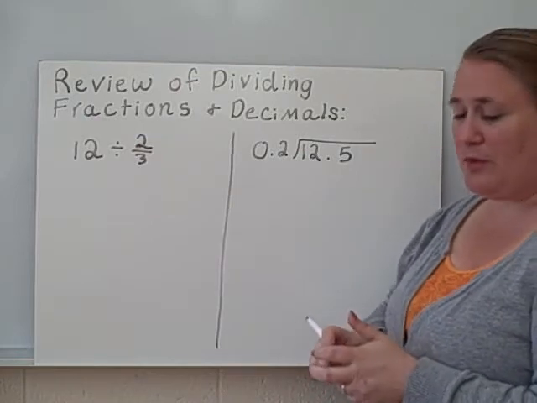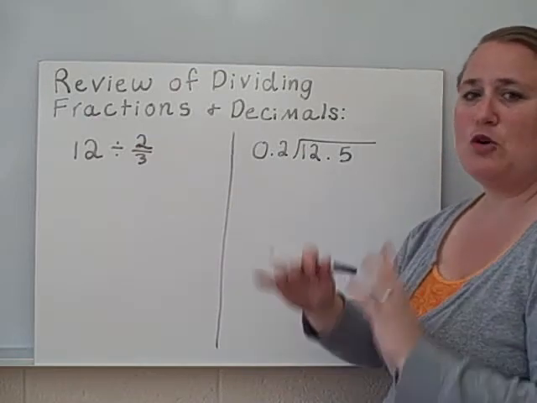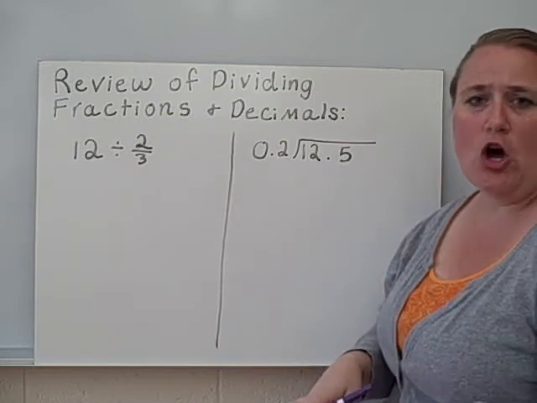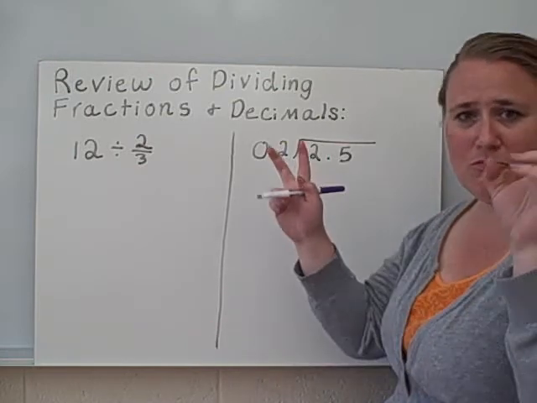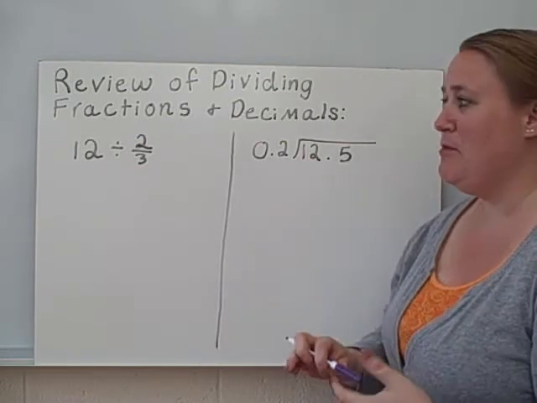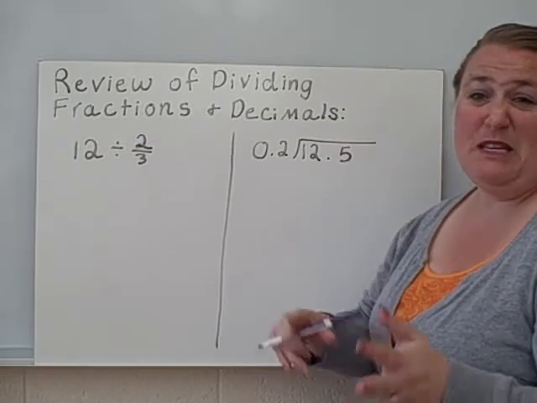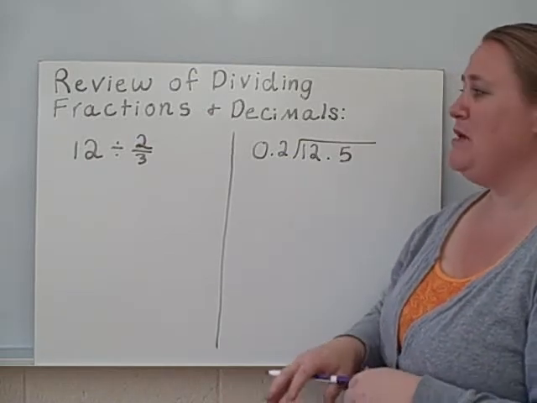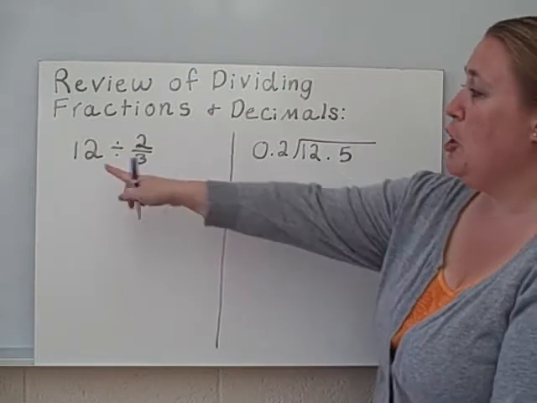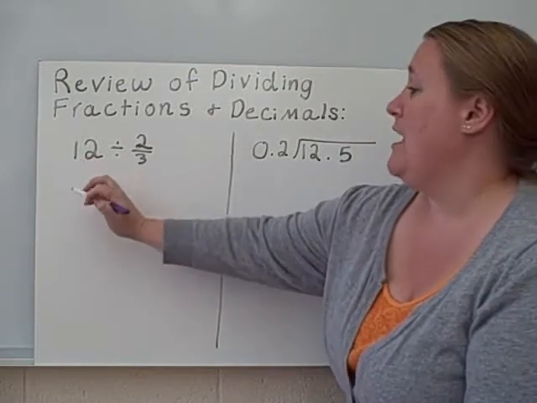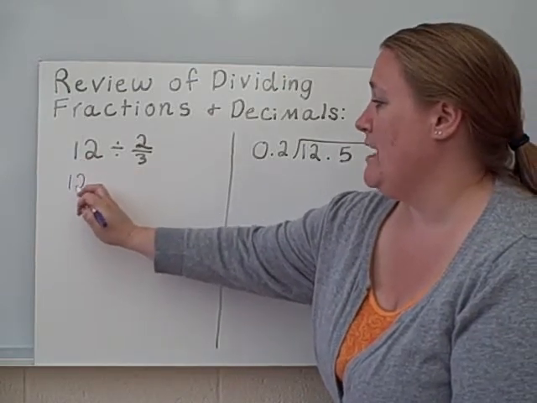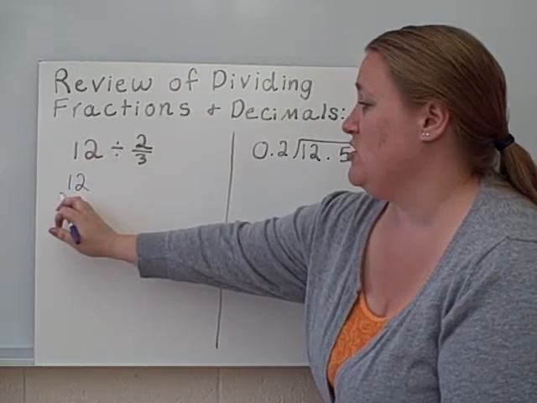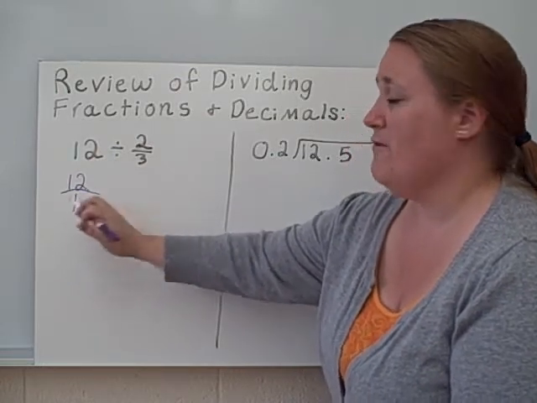Now, you probably remember in 6th grade you may have learned a song or some sort of cute thing to help you remember. It may be keep it, change it, flip it. It may be something else. But we take the first number and we write it down. Because it's a whole number, we have to change it into a fraction.